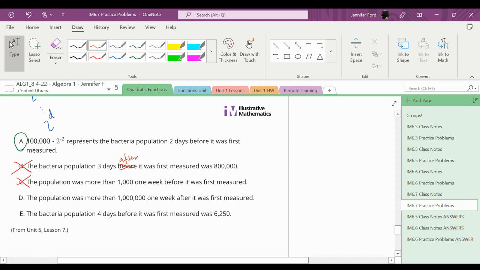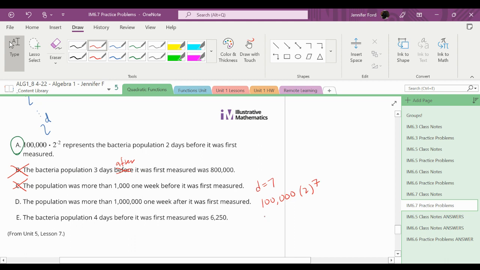The population was more than 1,000,000 1 week after it was first measured. So 1 week after is D equals 7. We can do 100,000 times 2 to the 7th power. 2 to the 7th power is 128.